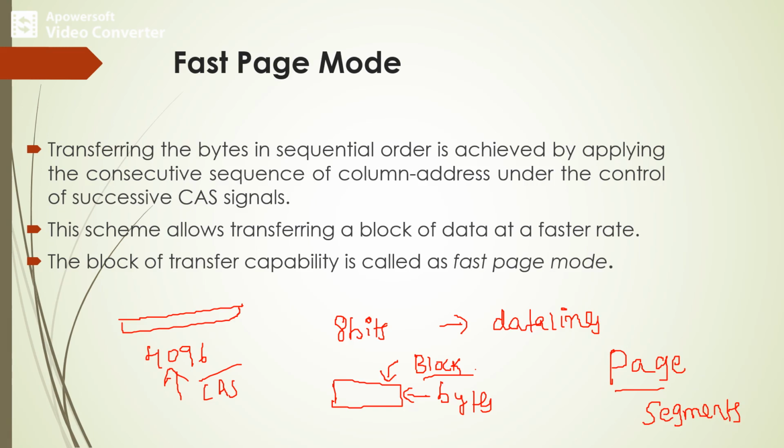By applying a sequence of column addresses using the CAS signal, bytes can be transferred in a sequential order at a faster rate compared to data transfer using random addresses. So we can make use of the column address strobe signal and perform the data transfer.